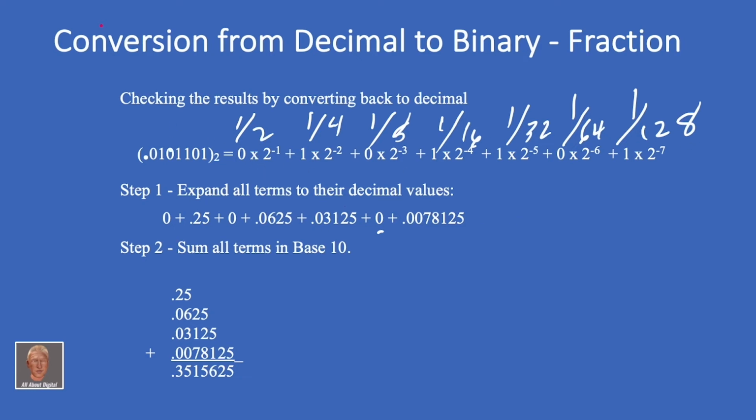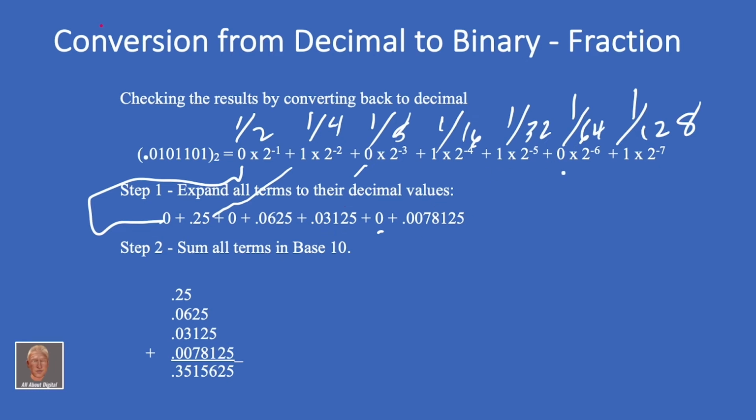Now we expand the terms and write the decimal equivalents of each of the non-zero terms. We have a 0 for the first term. We have 1 times 1/4, and 1/4 is 0.25. Then we have another 0 right here. Then we have 1 times 1/16, and 1/16 is 0.0625. Then we have 1 times 1/32, which is 0.03125.